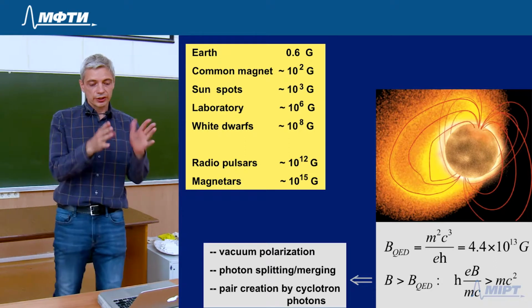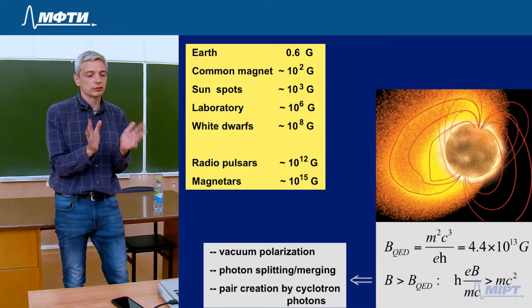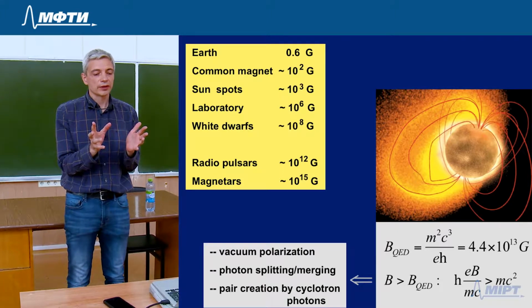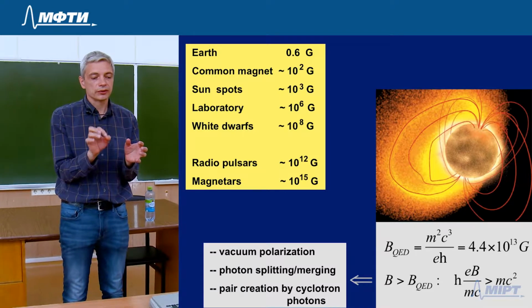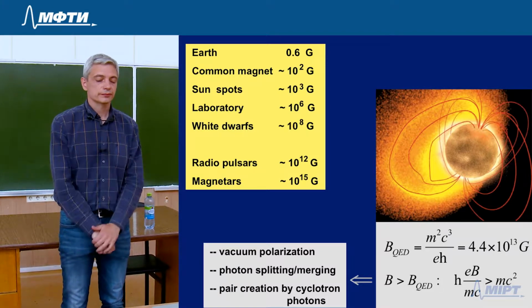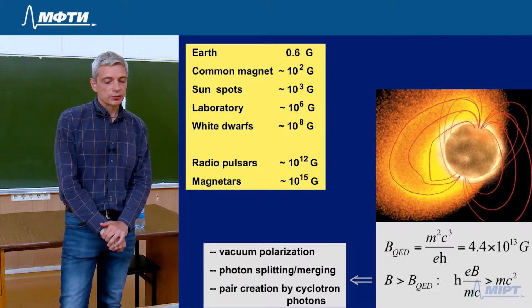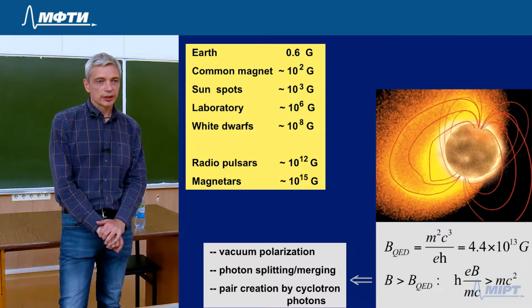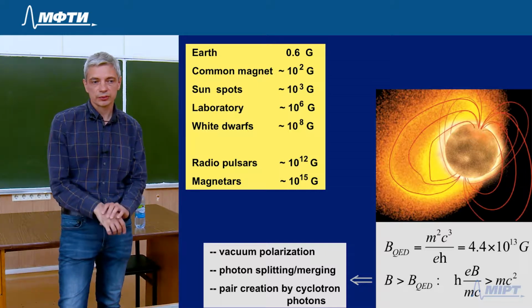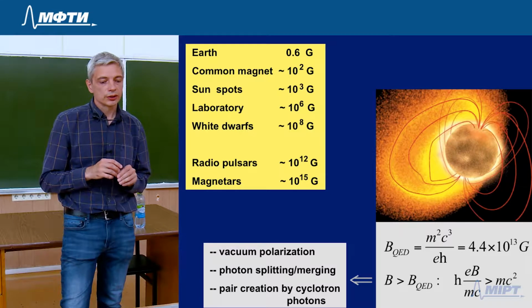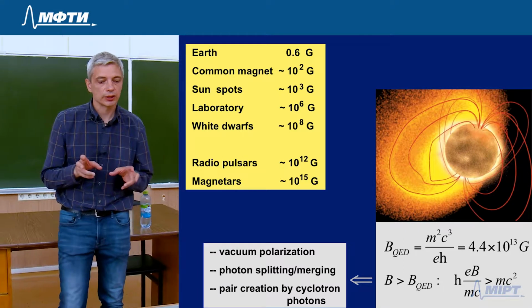So you can see that magnetars on this scale are absolute champions in terms of magnetic field strength. These are the places with the absolutely strongest magnetic field in the universe. This field is interesting also because you can compare it with the characteristic QED, quantum electrodynamics, field, which you can compose from electron mass, speed of light, electric charge, and Planck constant.